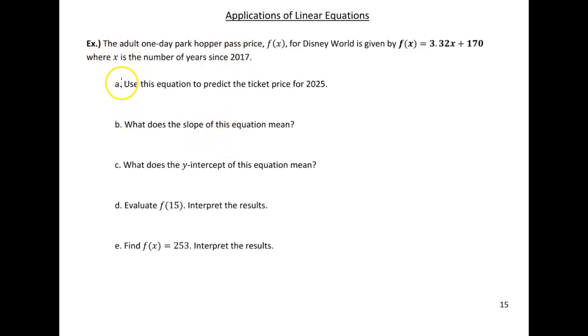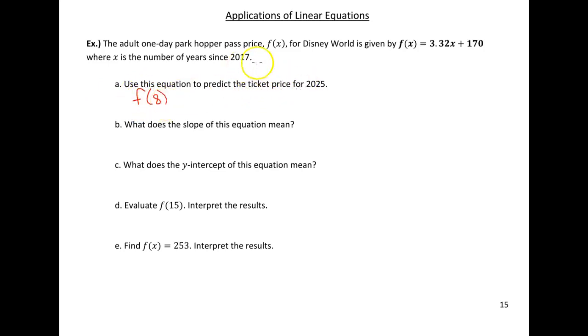The first question says use this equation to predict the ticket price for 2025. Again, we're not plugging in 2025. X is the number of years since 2017. From 2017 to 2025, it has been 8 years, so in this equation we're really finding f of 8.